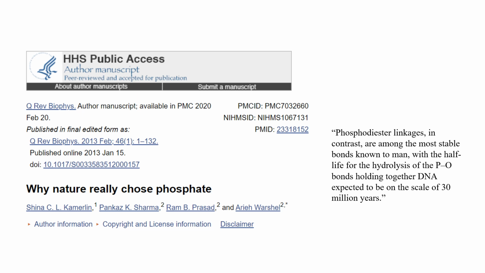And so you see a quote from this paper that phosphodiester linkages, in contrast to other sorts of molecules, are among the most stable bonds known to man, with the half-life for the hydrolysis of the phosphate-oxygen bonds holding together DNA expected to be on the scale of 30 million years.